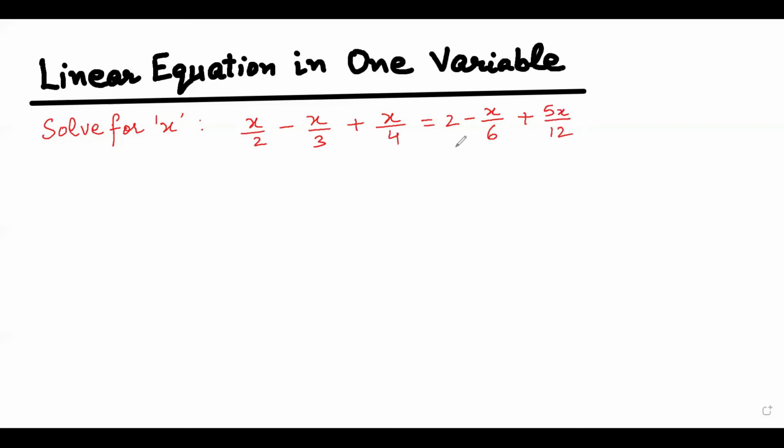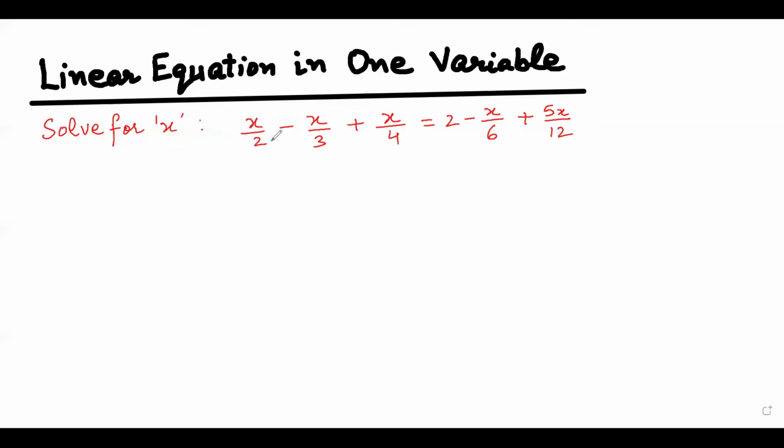So the general method or approach to solve such equations is to collect the terms of x on one side. We have many terms in x, so we can collect them on one side. Let's see what it means.